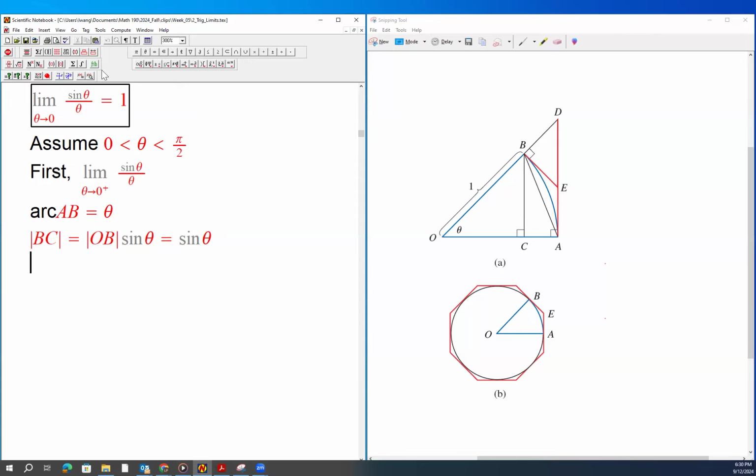So BC is less than AB. And AB, the straight line between A and B, is shorter than the arc, the curve between A and B, so that seems rather obvious. So arc AB.